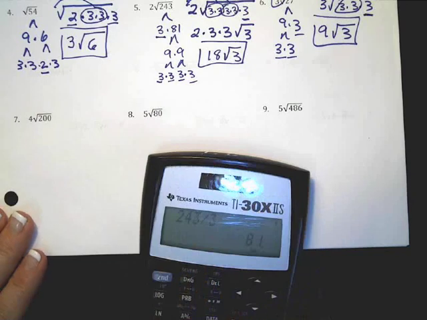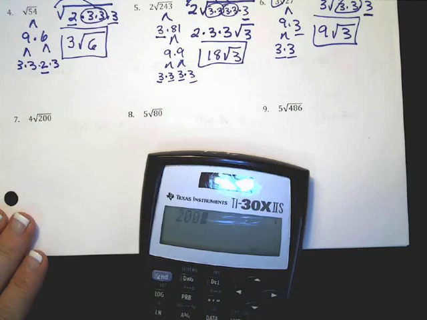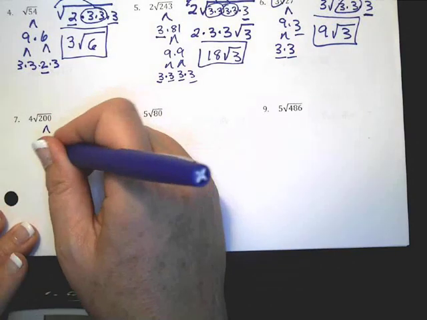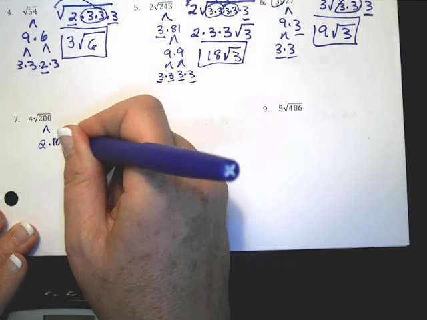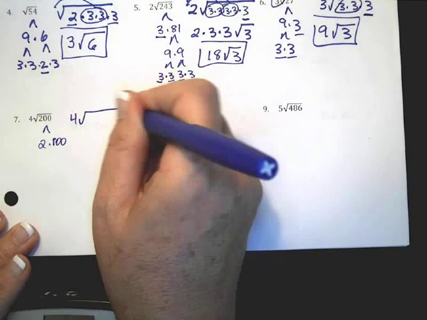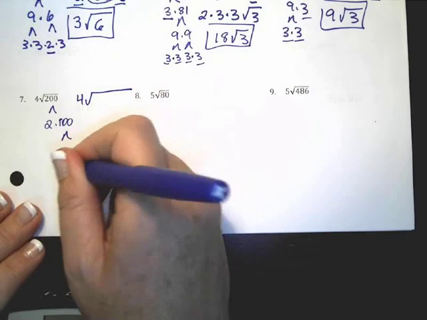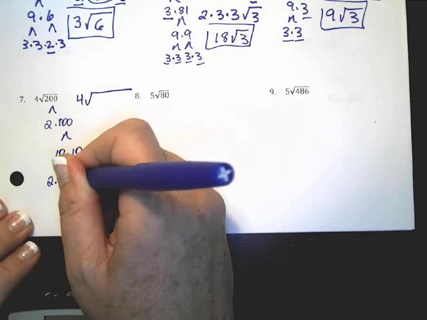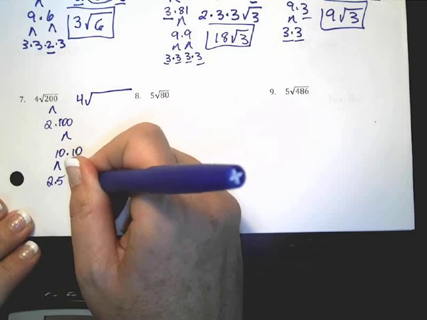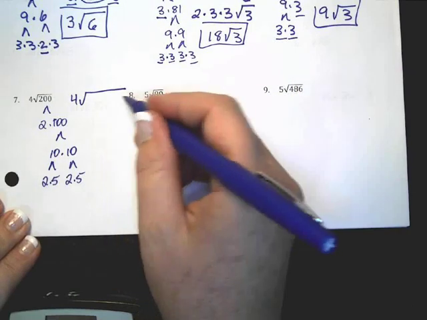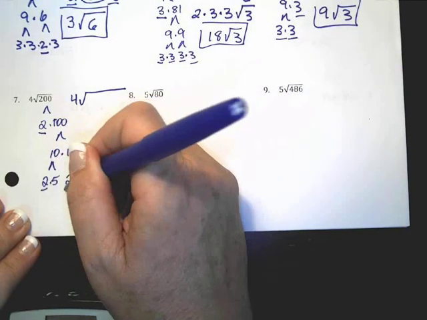Let's break down 200. 200 breaks down into 2 times 100. 100 breaks down into 10 times 10. 10 breaks down into 2 times 5. So let's count up the number of 2's that we have underneath here. 1, 2, 3.